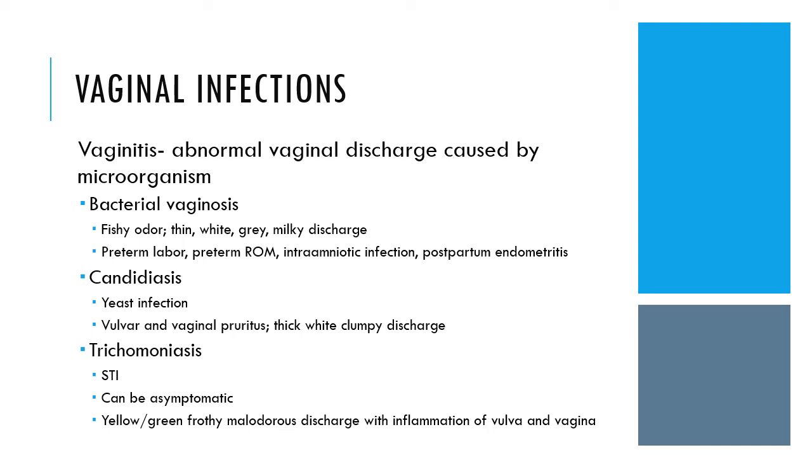So the first one is going to be bacterial vaginosis. This is characterized by a fishy odor with a thin, white, or gray discharge. Okay. This can lead to preterm labor, preterm rupture of membranes, and intra-amniotic infections such as chorio.